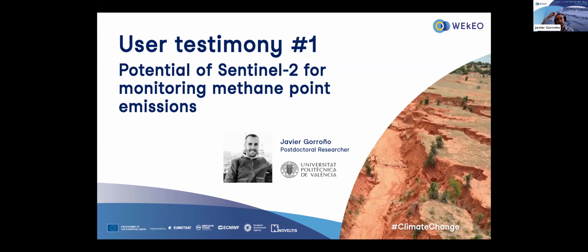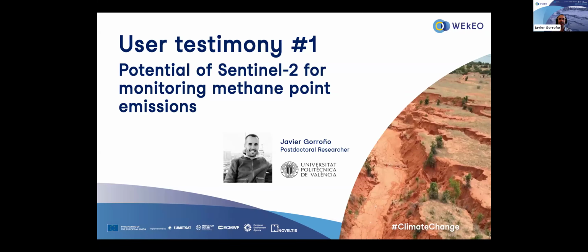This is Javier Corroño from Universidad Politécnica of Valencia, and I'm coming here to give you a short talk about the potential of the Copernicus Sentinel-2 mission to monitor methane point emissions, to actually map the emissions from, let's say, oil and gas or other sites.